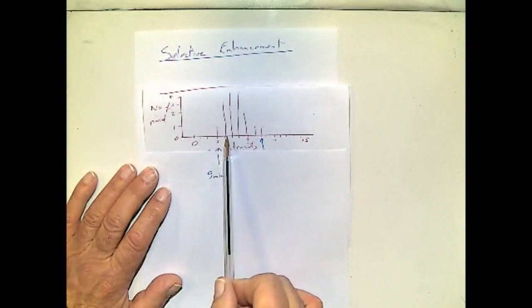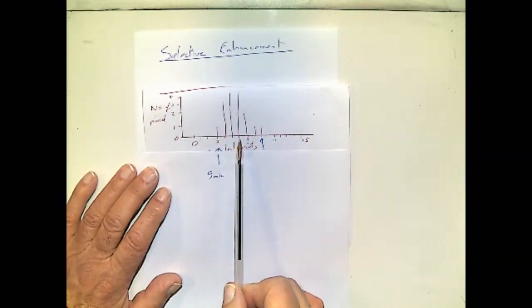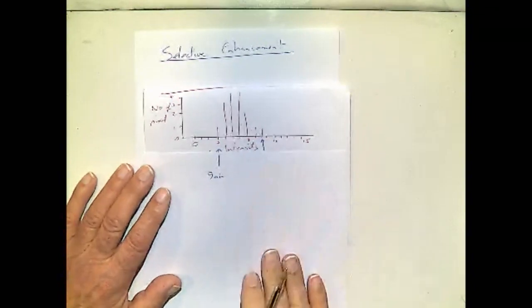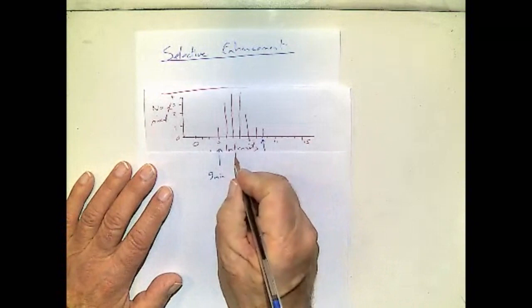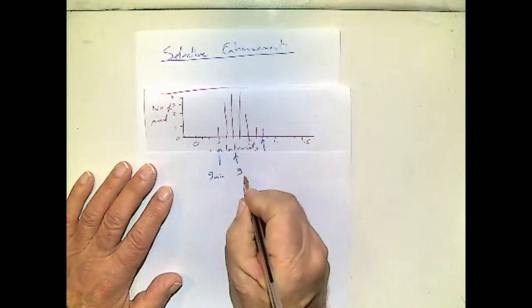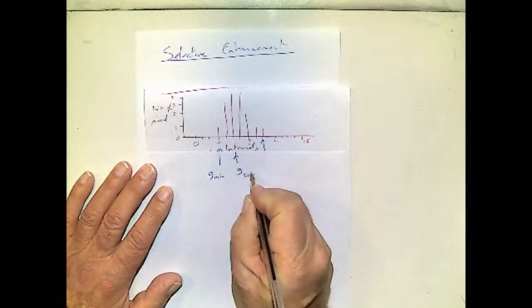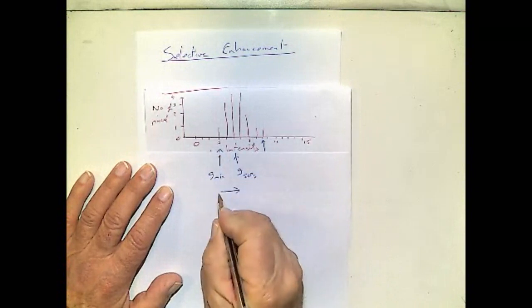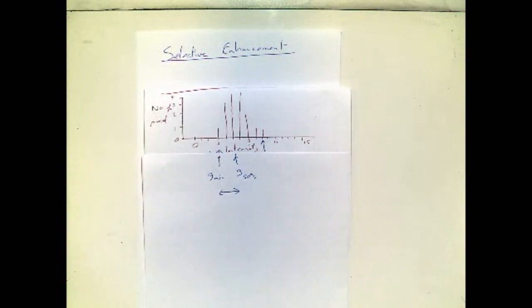There's 1 at 3, there's 3 at 4, and there's 4 at 5. So this point here would be G 50%. That is the range, quite a small range of the darkest 50% of the image.